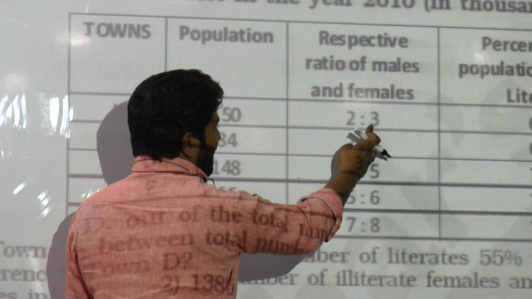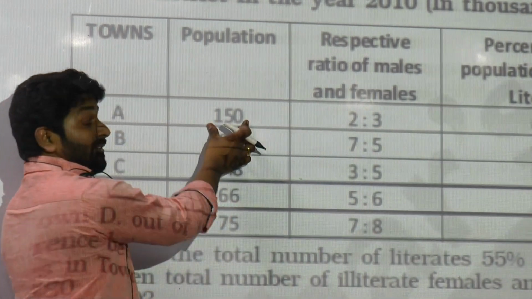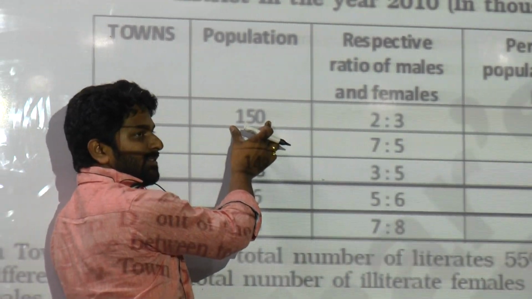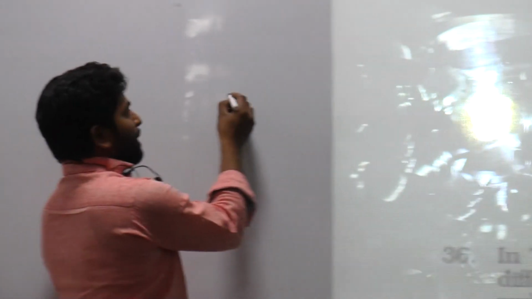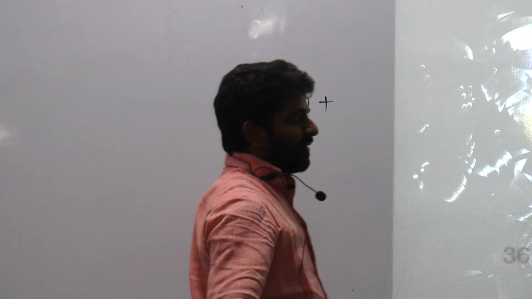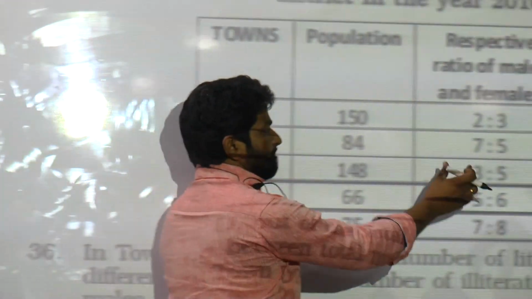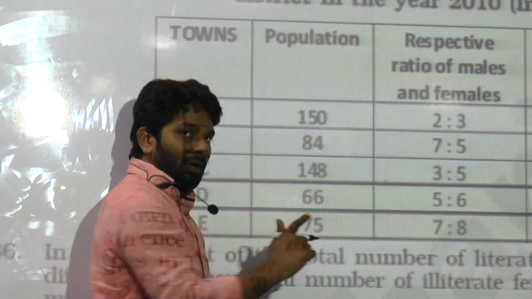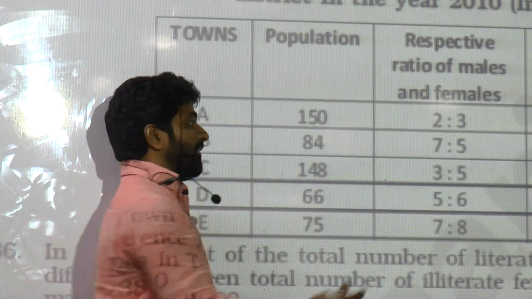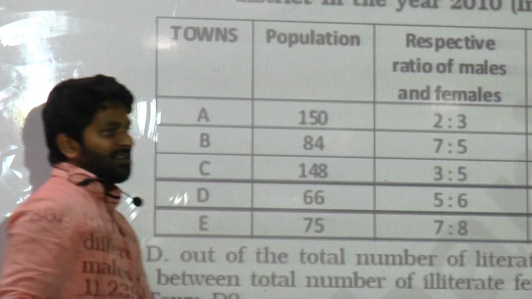Female are 3 parts. 5 30 times is 150, 30 times 3 is 90,000. Plus total, how many parts do we have? 12 parts. 12 parts is equal to 84. 1 part is 7. 5 parts, 5 sevens 35.